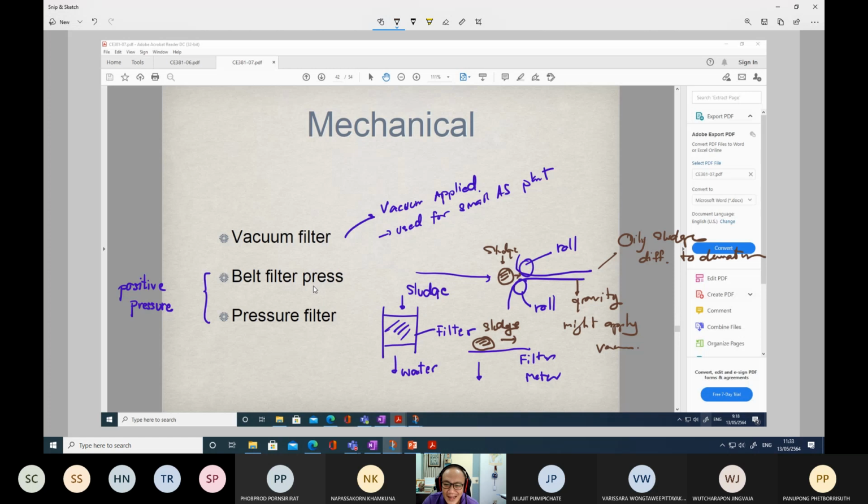The belt press is like this. This is probably a cloth, and then here there is a roller. Once the sludge gets into this, the water is squeezed out, so that only the sludge cake passes along in the space between these two cloths.